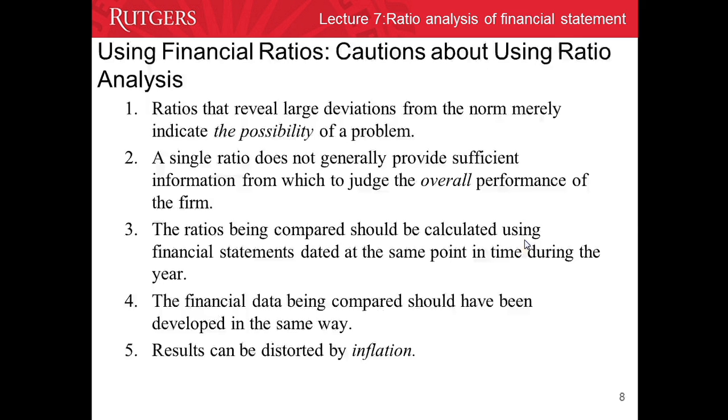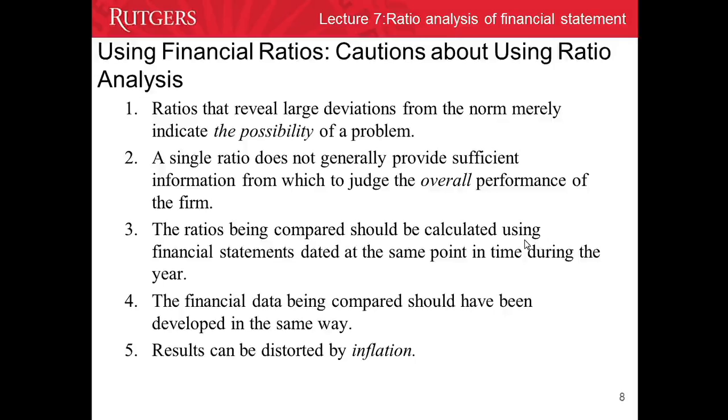When we're using financial ratios, there are a few things that we have to consider. The first one is that ratios that reveal large deviations from the norm only indicate the possibility of a problem, not necessarily a problem. Second, a single ratio doesn't generally provide sufficient information from which to judge the overall performance of the firm.